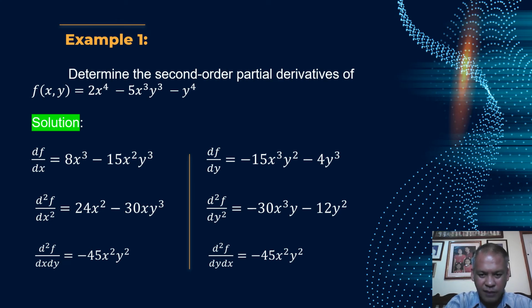And for negative 4y cubed, the derivative with respect to x is 0 because there is no variable x involved. And so therefore, the second order partial derivative of the function with respect to y and x is equal to negative 45x squared y squared. So notice that the resulting second order partial derivatives of the function are equal with each other.